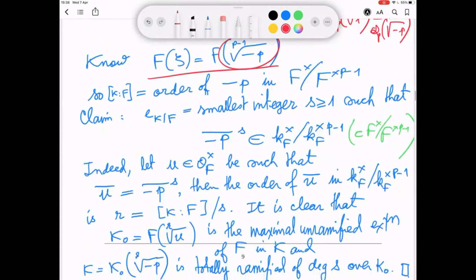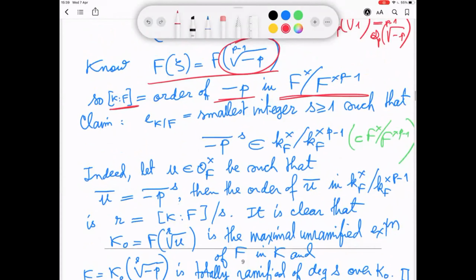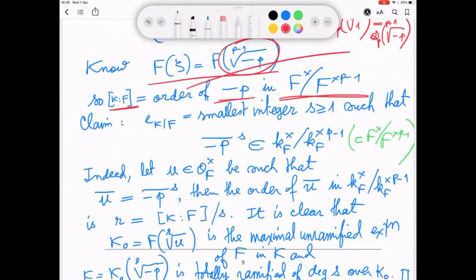So the degree is, of course, just going to be the order of minus p in this group F star modulo F star to the p minus 1. This is again by Kummer theory, right?